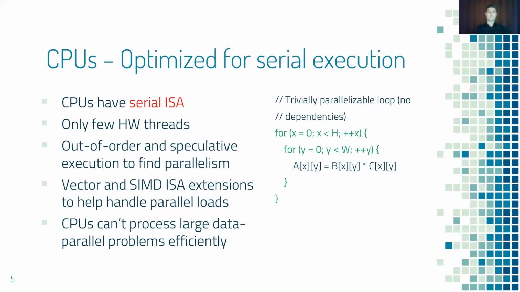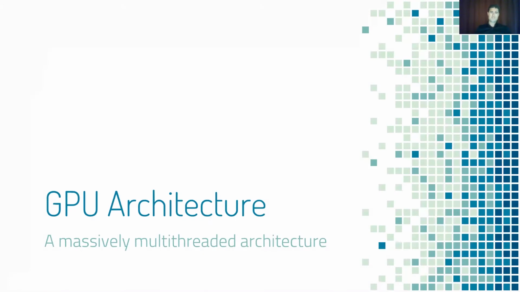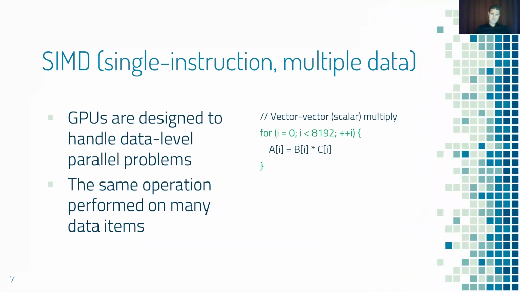GPU architecture is what is called a massively multi-threaded architecture, and soon we will see why we call it this. GPU architecture is based around the idea of SIMD execution: single instruction, multiple data. The code segment here shows a simple vector-by-scalar multiplication. In this case, the vector is 8K elements long, and we multiply individual elements and store the results into a third vector.